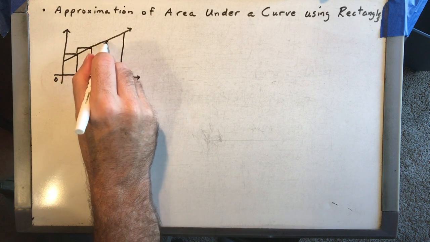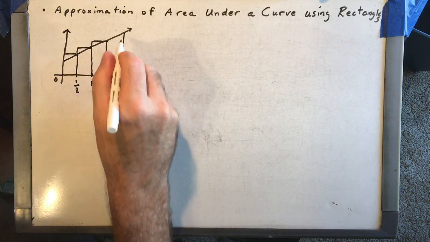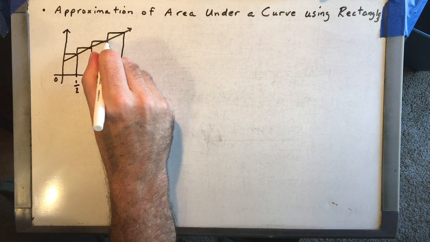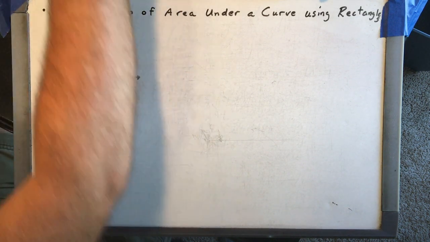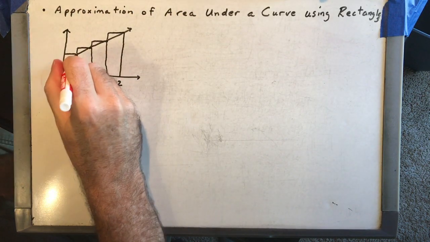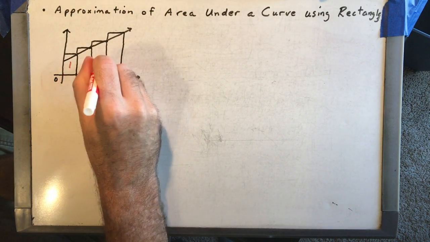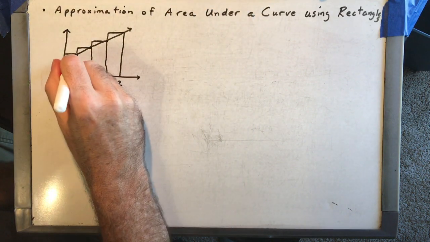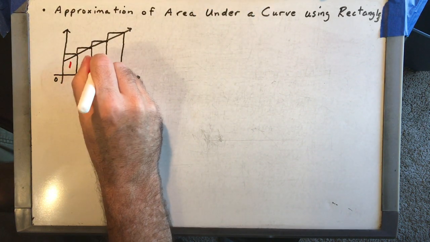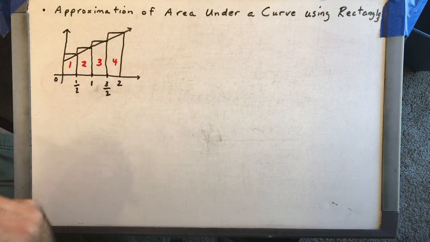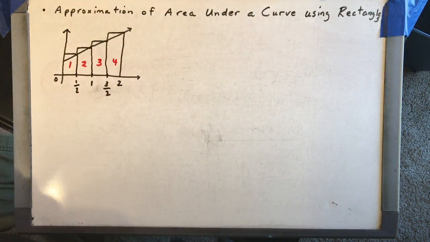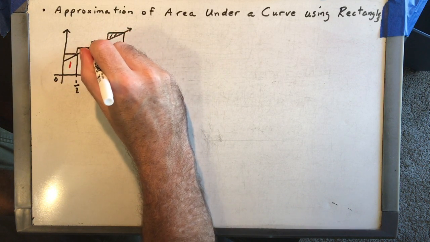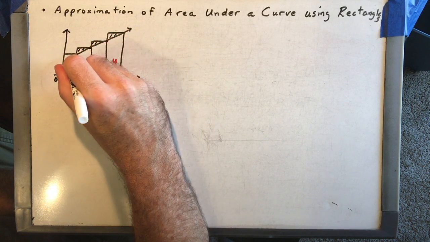Hit the line, and then over, and okay, so it's rectangle one, two, and that. There you go, that's better. One, two, three, four. Okay, but you can see this time we're going to get an overestimate because our rectangle extends above the line.